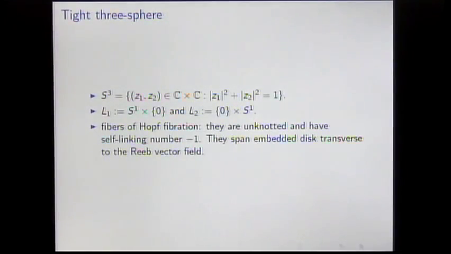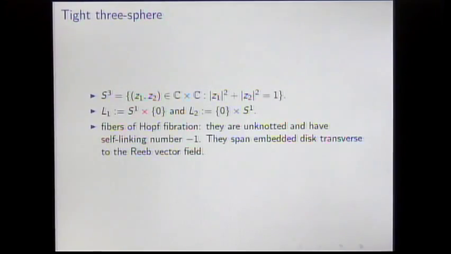Let me just try to draw the picture of the object that we are looking for. S3 we see inside C2 with complex coordinates z1 and z2. And we can consider these two knots inside, S1 cross 0 and 0 cross S1, L2. These are fibers of the Hopf fibration.